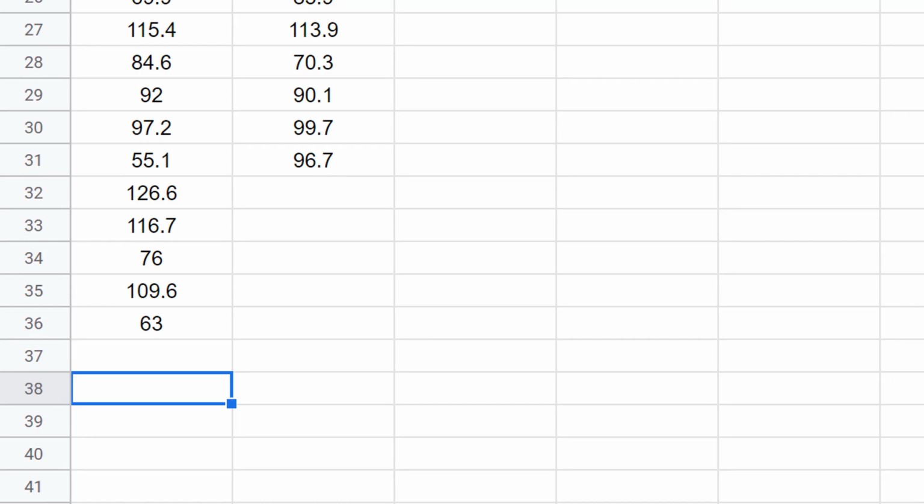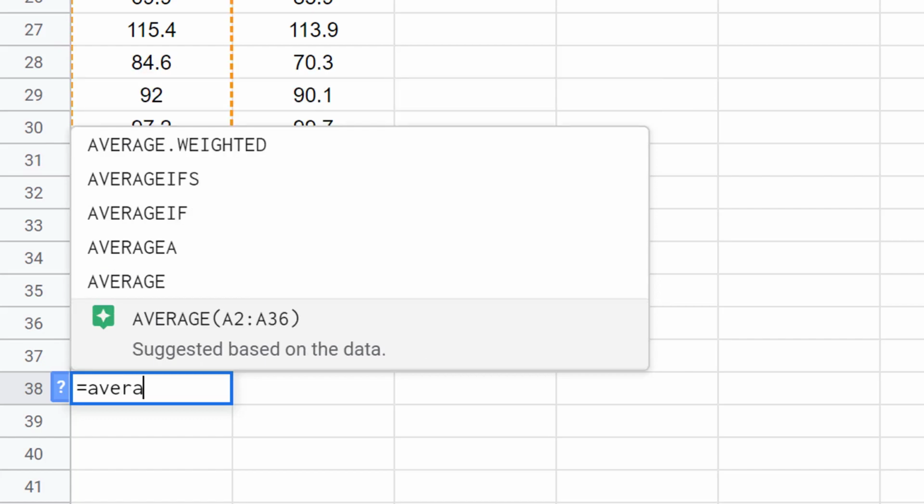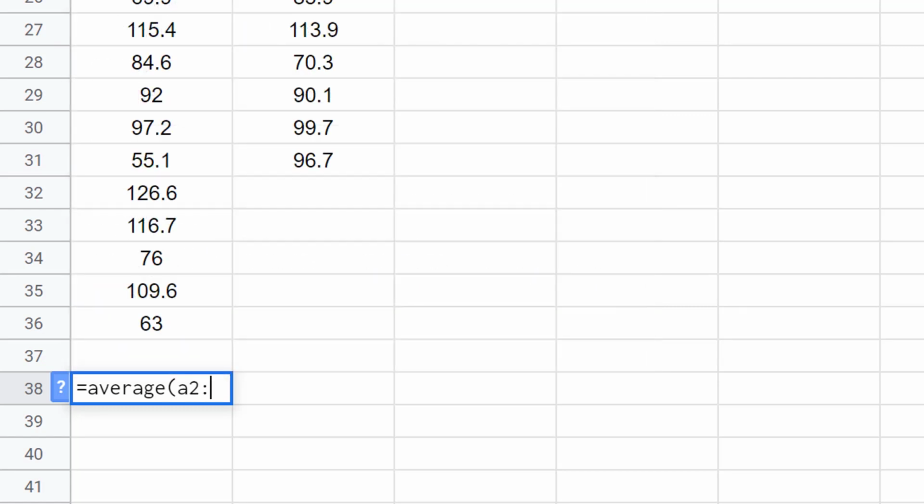So in column A for the mean, remember you just type in equals average. I'm going to put in parentheses, and my values run from A2 to A36. So I have my mean value for the sample is 98.19. That's for the private institutions.